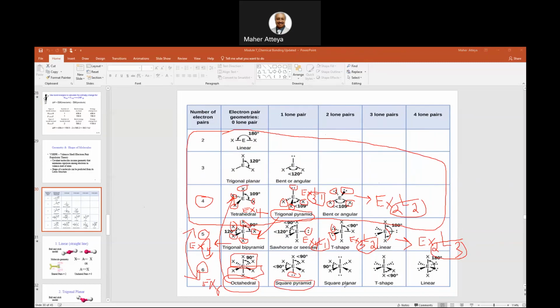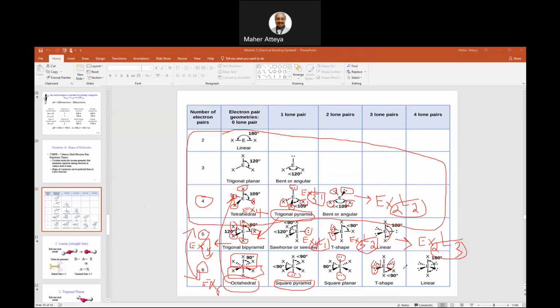Then you have square planar. This is 1. If you replace with 2 lone pairs, you have EX4 L2, the square planar. If you replace with 3 lone pairs, so you have 3 sigma bonds and 3 lone pairs, that will be T shape.